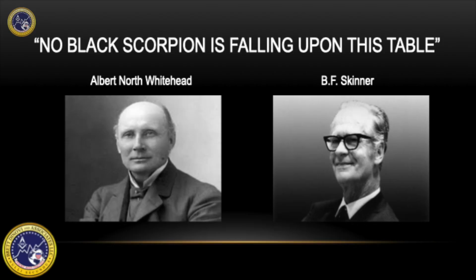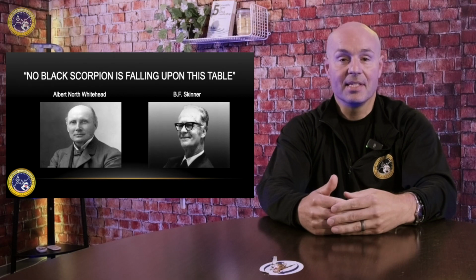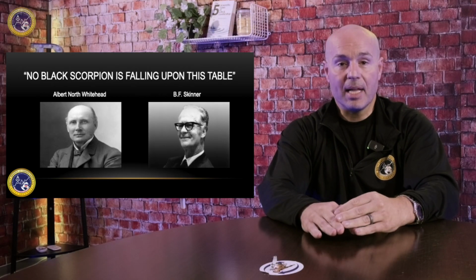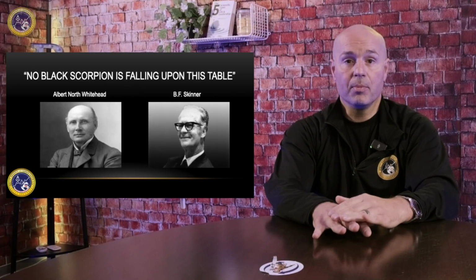Skinner, always being the salesman for applied behavior analysis that he was, and the prolific writer that he was, at a conference with a prominent psychologist at that time named Albert North Whitehead. Now, Albert North Whitehead, sitting at a conference with Skinner, conceded, "I believe that the principles of applied behavior analysis can explain overt visible behavior.